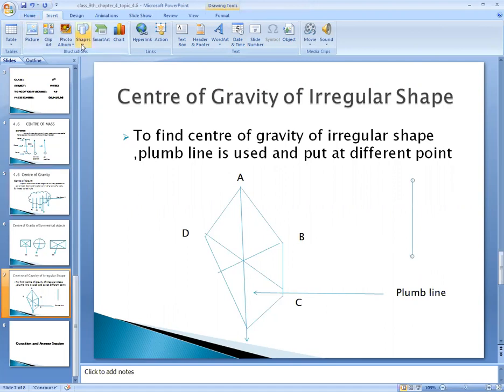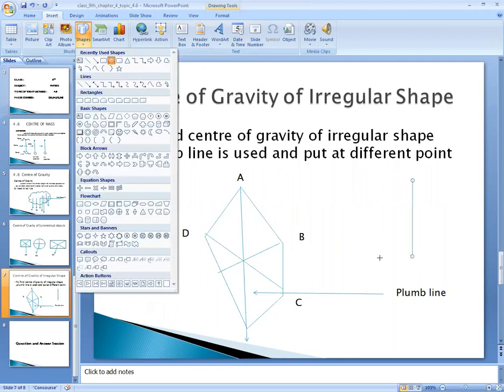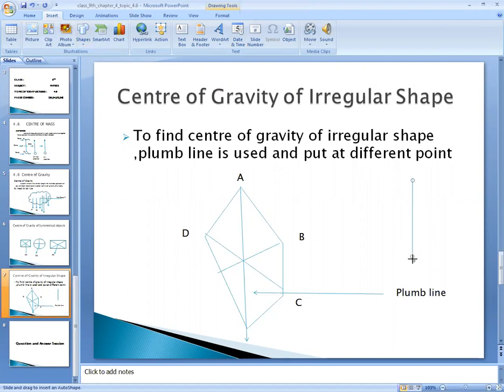Suppose I take a small mass. It is actually in this shape. So a very small mass is attached to it, and we find the center of gravity with the help of this. From this point to this point where my arrow is pointing, this is called my plumb line.